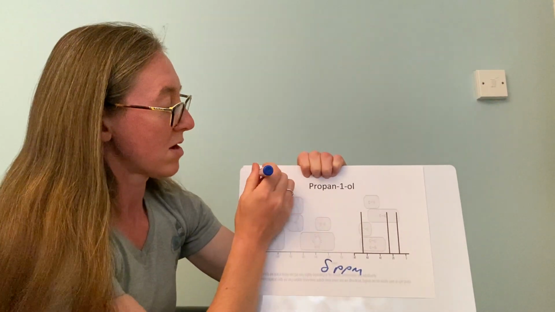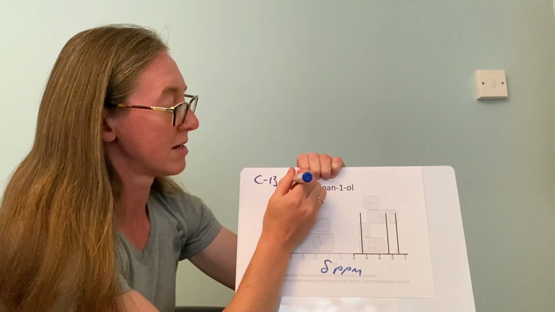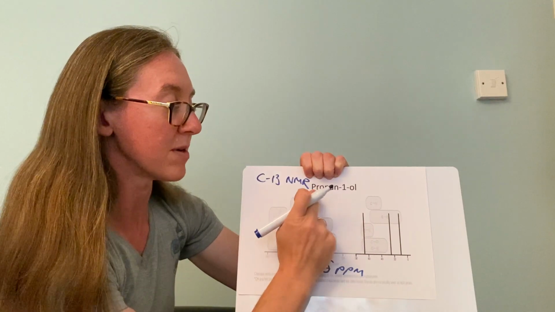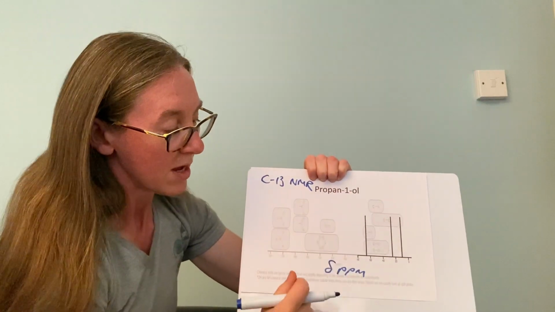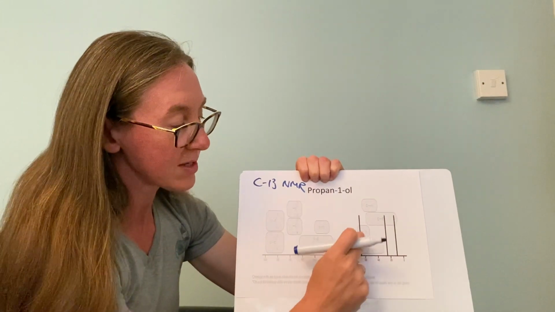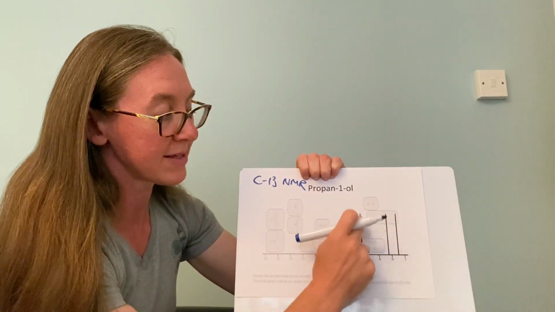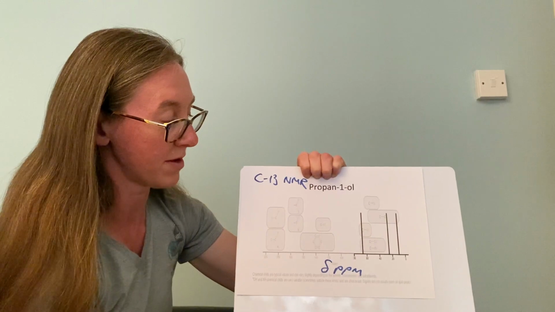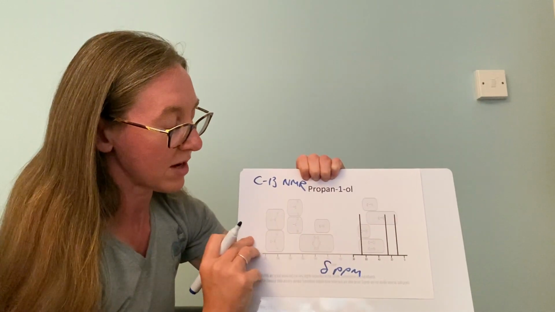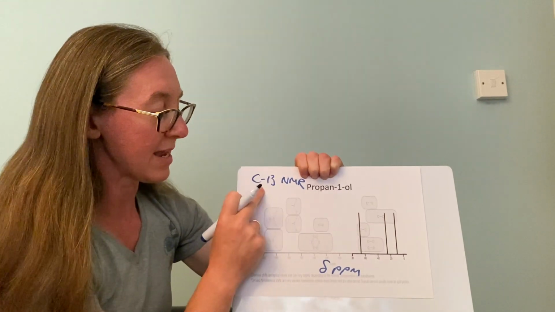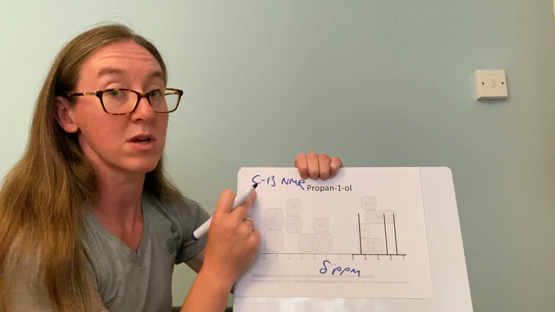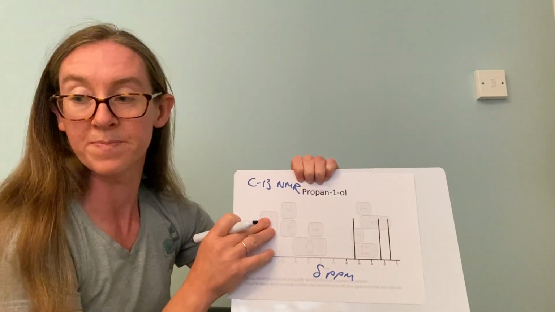This is carbon-13 NMR. And this happens to be the carbon-13 NMR spectrum of propan-1-ol. But you can see the spectrum's very boring, as it were. You just get lines. So a couple of just single strong lines for carbon-13 NMR. So we'll come back on and I'll tell you how to interpret it. But basically, the clue's in the name. Carbon-13 NMR tells you about carbons in your molecule.